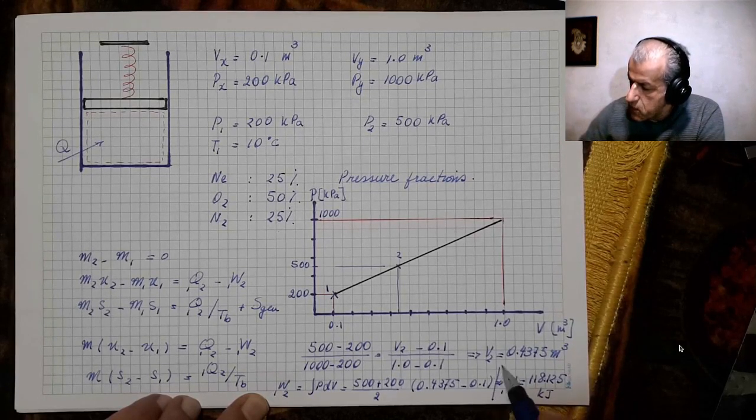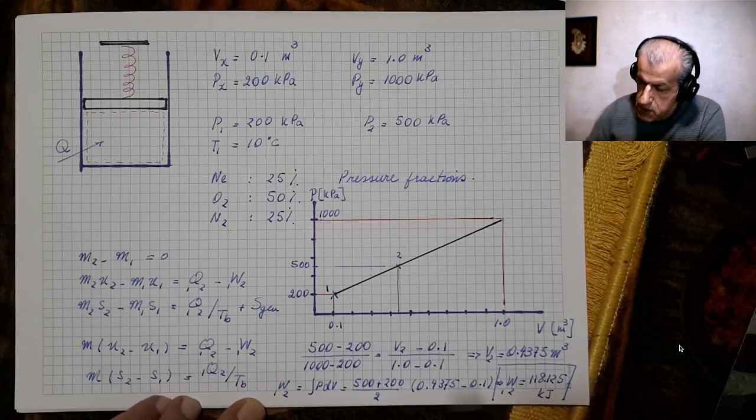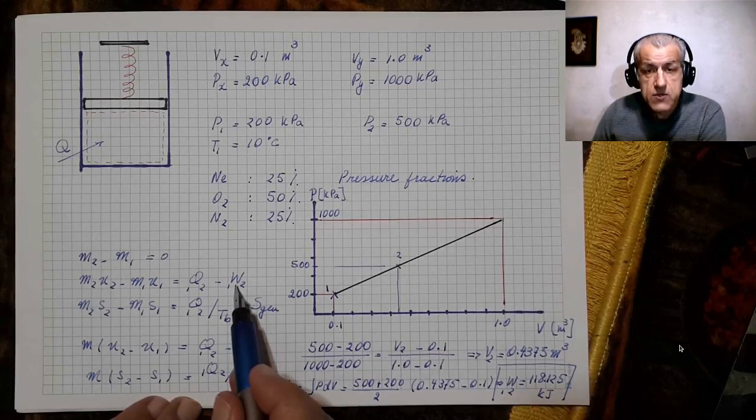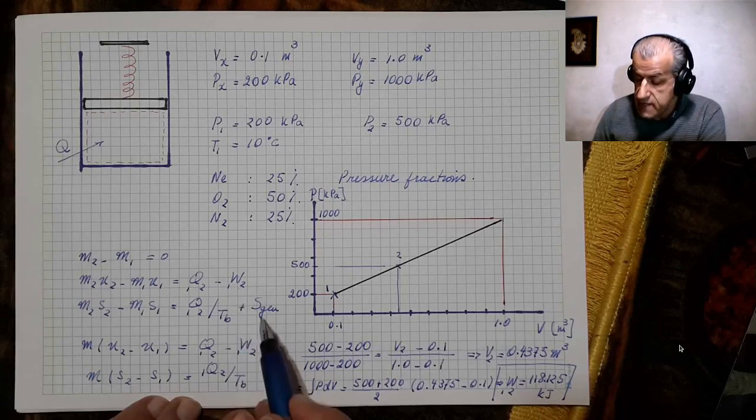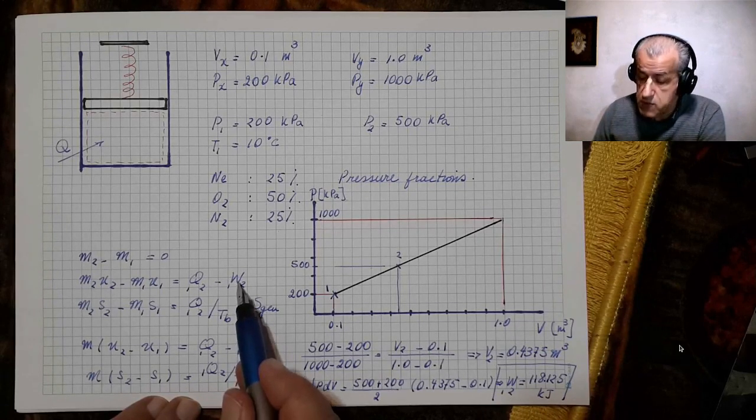This is one important conclusion that we have calculated, you see. We assumed Sgen tends to be 0. We have now calculated W.